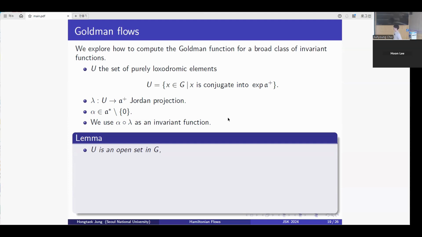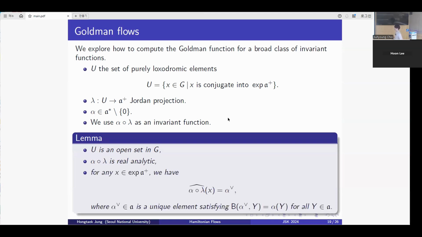I think this is known to experts, but I can't find any reference that states explicitly that the Jordan projection is differentiable, so I just added it as a lemma. U is an open set, which is also a well-known fact. And you can show that alpha composed with the Jordan projection is real analytic, which is much stronger than just being differentiable.